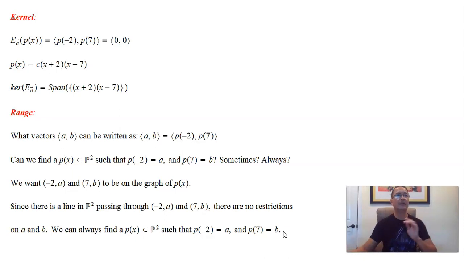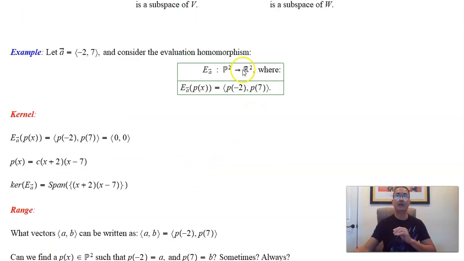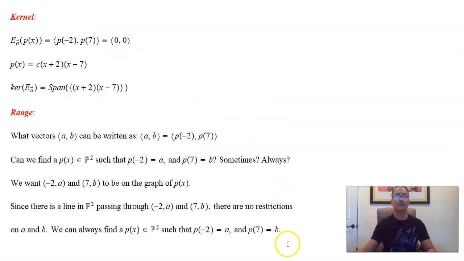The range of our transformation must be every vector in the codomain R2. Thus, range of T equals all of R2.